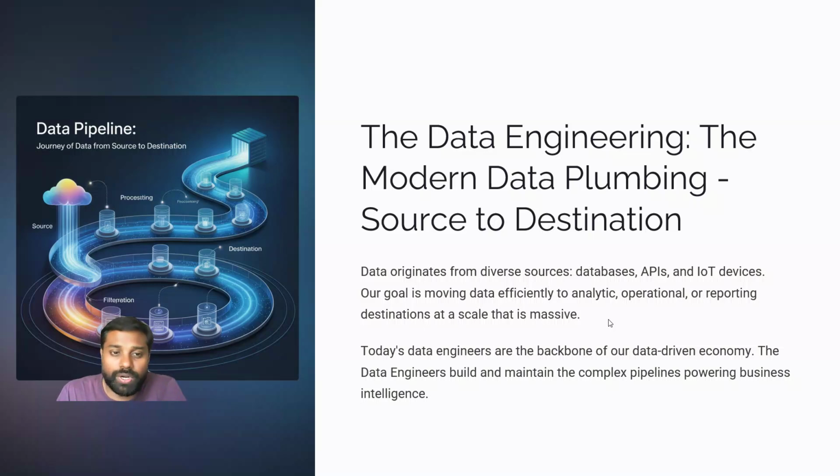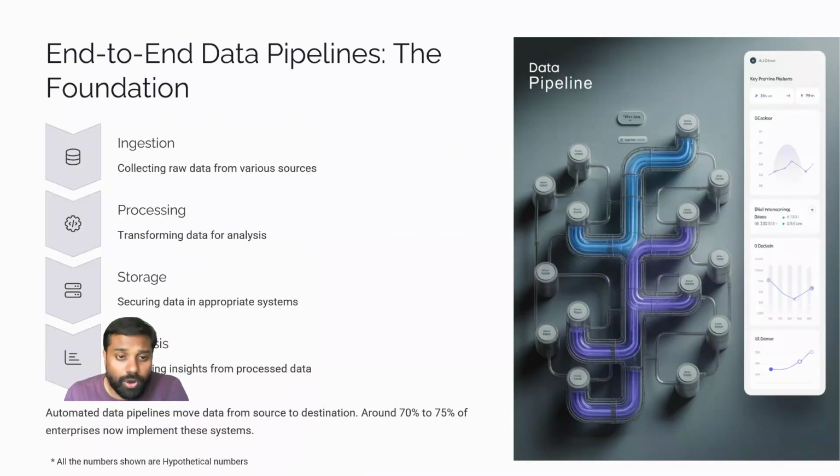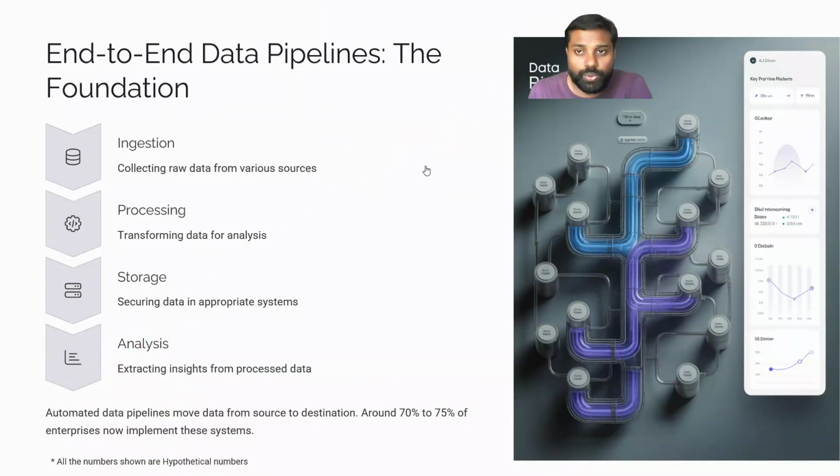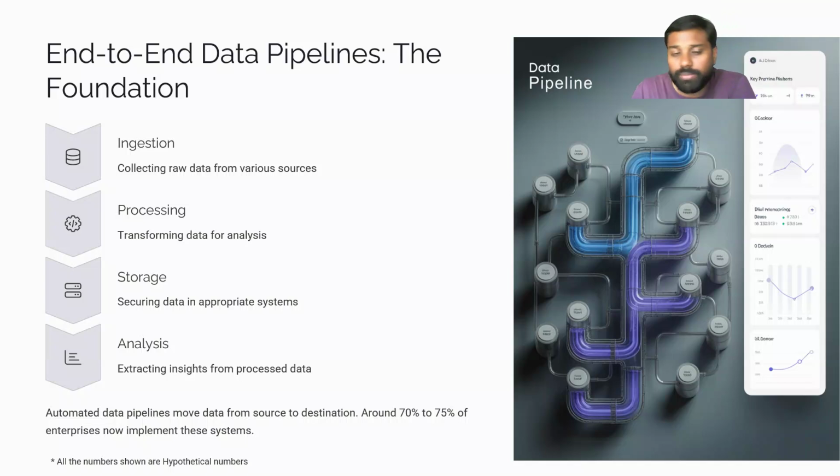Let us try and move on to understand what exactly data engineers do. In its simple form, data engineers will move data from a source to destination. Okay, that's very simply put. We are talking about a source and we move the data to destination.